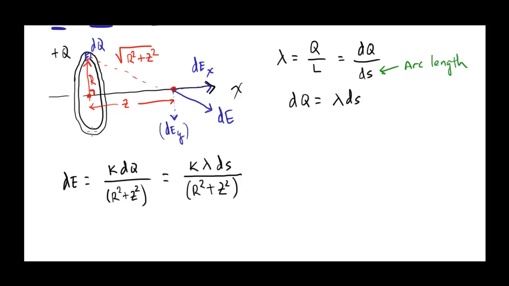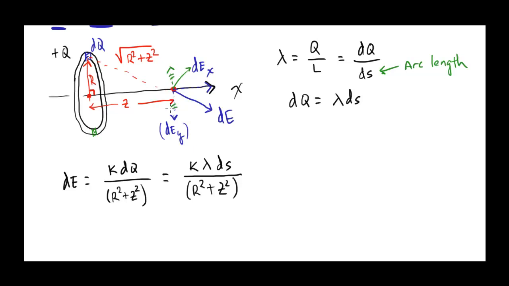But there would also be a tiny piece down here, I'll do it in a different color so you don't confuse them, that would contribute a tiny dE up here with a tiny dEy on the positive y-axis, which would cancel with the negative dEy here.